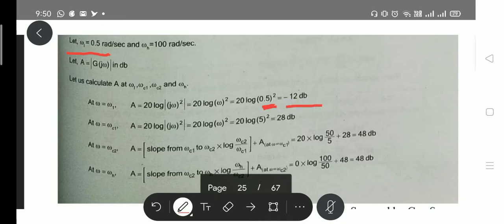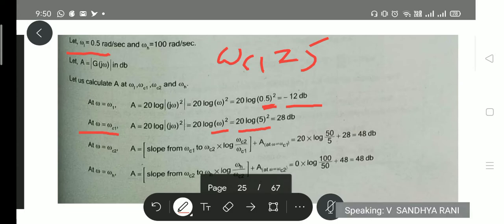Next case, at omega equal to omega C1. Substitute 5 in place of omega, since omega C1 value is 5. Then we will get 28 dB.